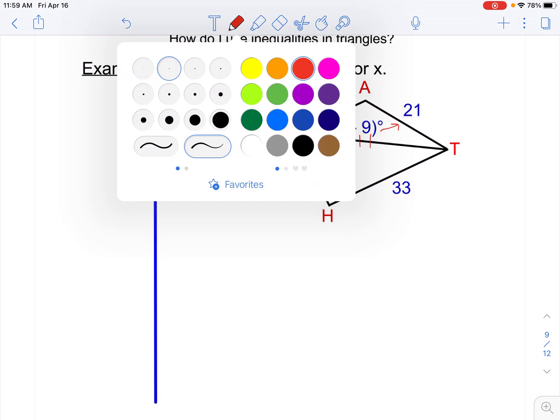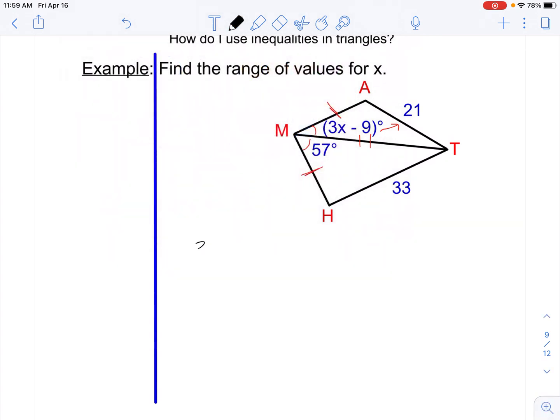So I have 3x minus 9, and I have angle 57. Well, 3x minus 9 is opposite 21. 57 is opposite 33. Since 21 is less than 33, I can say that 3x minus 9 is less than 57.